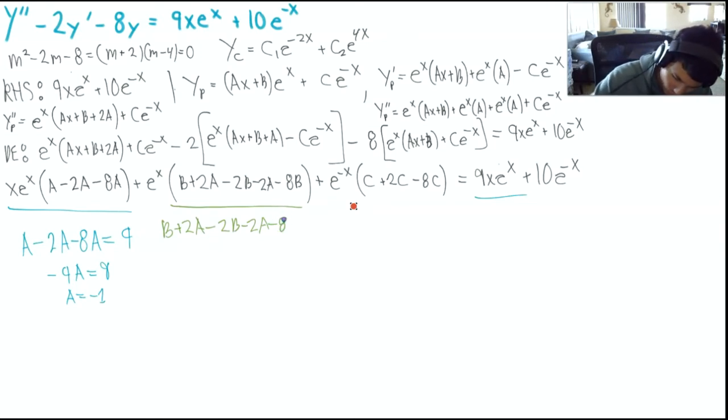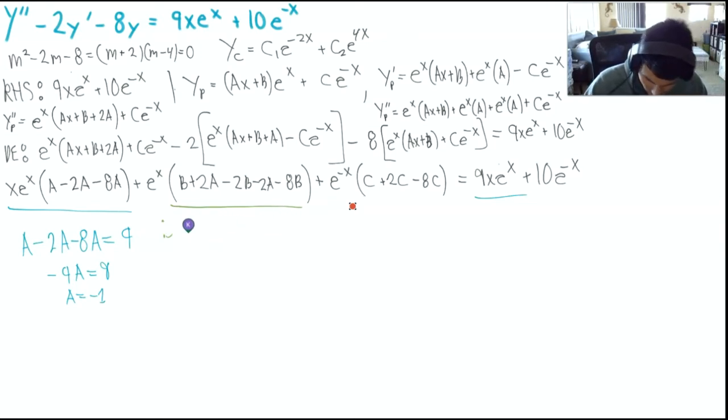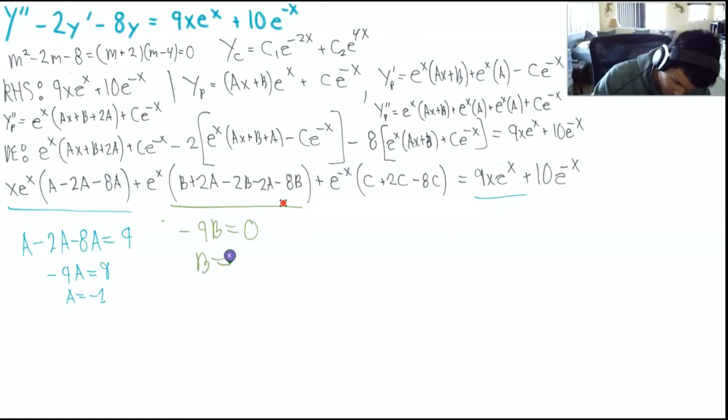Why did I rewrite that? Let's just simplify it first. Let's think about the a's. The a's go away. Oh, that's nice. So it's just b minus 2b, which is negative b, minus 8b. That's negative 9b. And that's all equal to 0. Thus b is equal to 0.